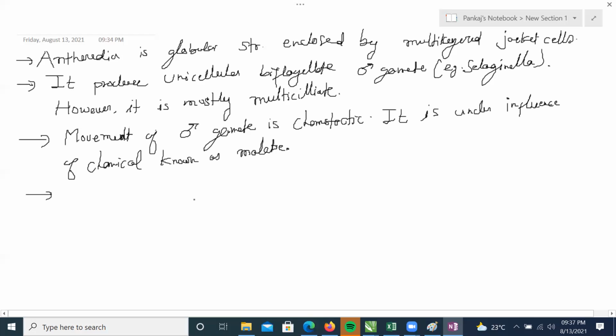Mind it, in all the species, it is the malic acid that is going to attract the male gamete, except bryophyte. You know, in case of bryophyte, the male gametes are attracted by sucrose. Okay. So that is about antherozoids. Now you see, fertilization requires moisture.